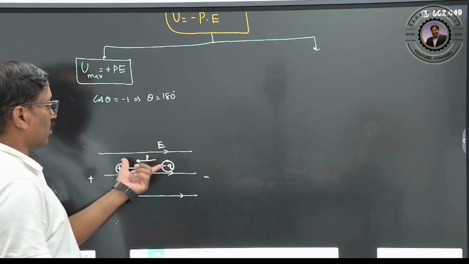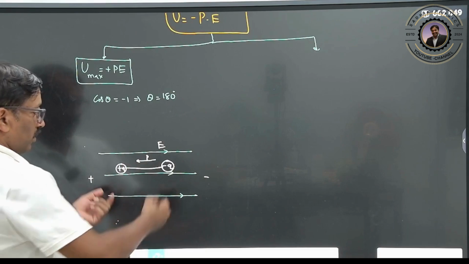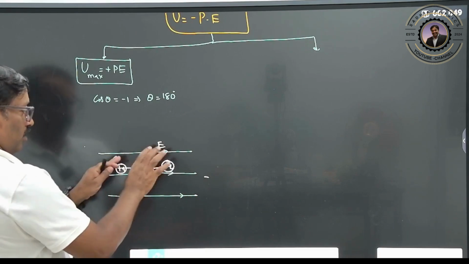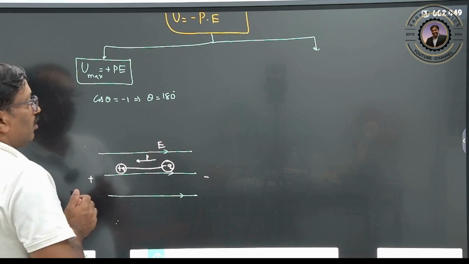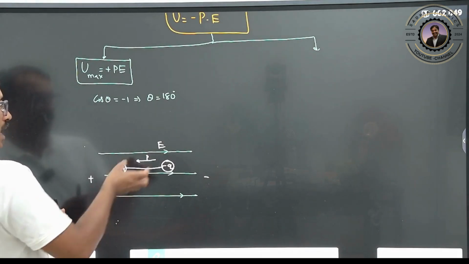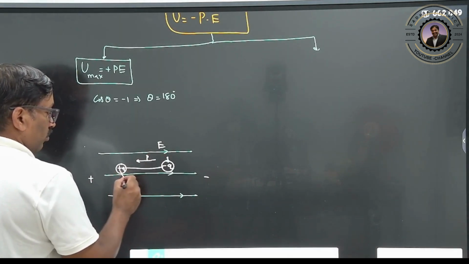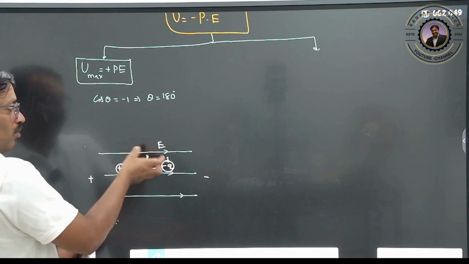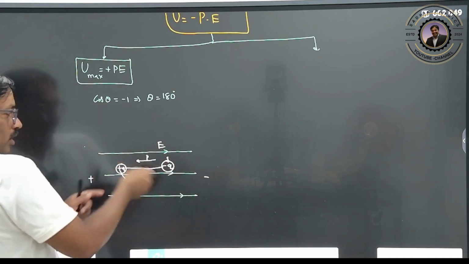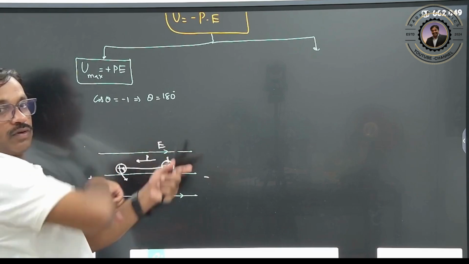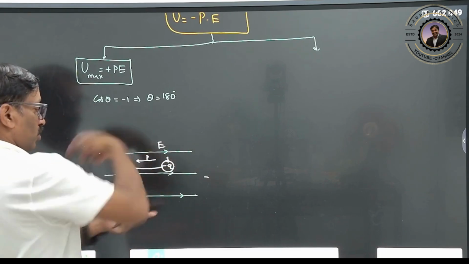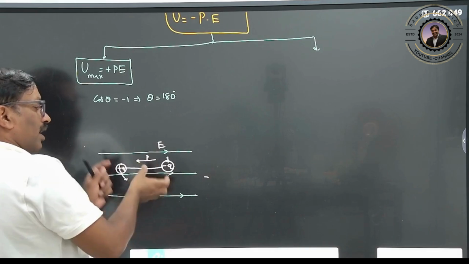Therefore what will happen now? Potential energy will be maximum. Now if you slightly disturb it, slightly moved here, what will happen? Due to this repulsion, it will undergo rotation, and it will never return back.